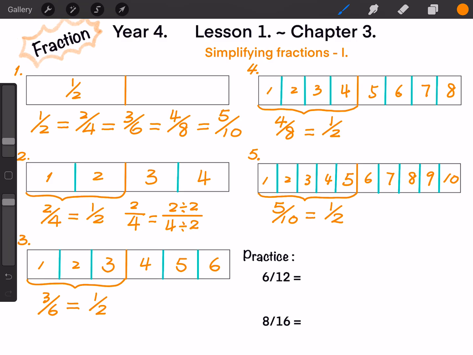The numerator and the denominator are divided by the same number. And then equals to 2 divided by 2 equals to 1. 4 divided by 2 equals to 2. So 2/4 equals to 1/2.